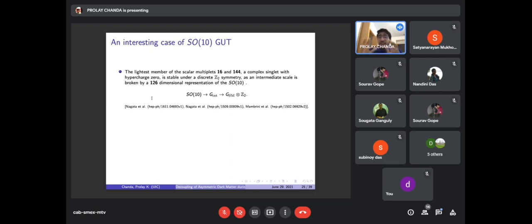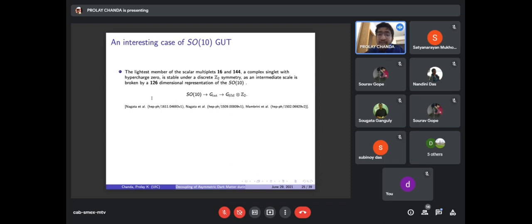So we consider an SO(10) group, and at first it is broken to an intermediate scale, and then the intermediate scale is again broken into the standard model group and a Z2 symmetry. In our particular example, taken from Nagata et al., the intermediate scale is broken by a 126 dimensional representation of SO(10).